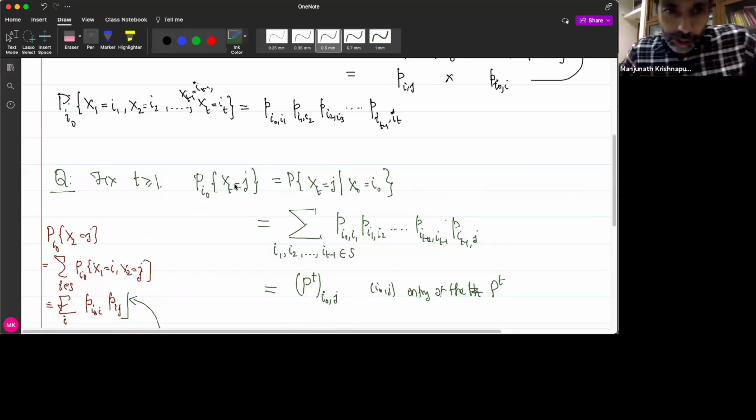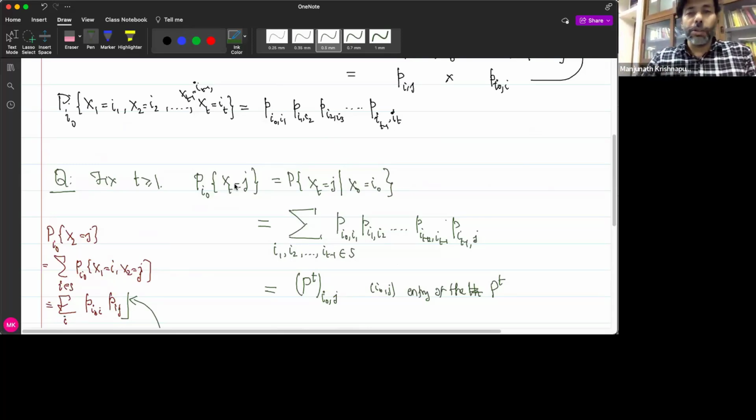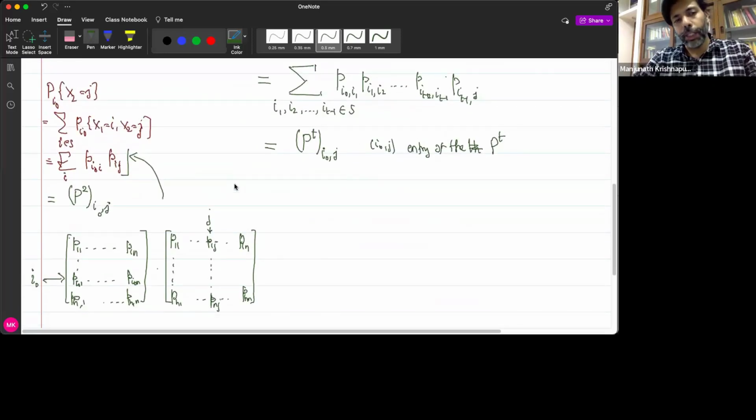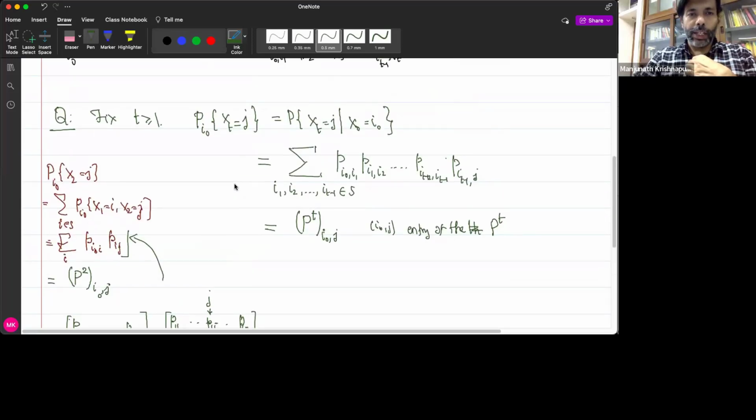Or you can turn it around and give this as a motivation for why you multiply matrices like this. Matrix multiplication is a little bit of an odd way. When you multiply matrices, you don't multiply entry by entry. You do this strange thing: take the ith row, jth column, do something. The way you learn why matrix multiplication is useful in linear algebra is by substitution: if y is a linear combination of x_i's and z_i's are linear combinations of y_i's, how do you write z_i's as linear combinations of x_i's?